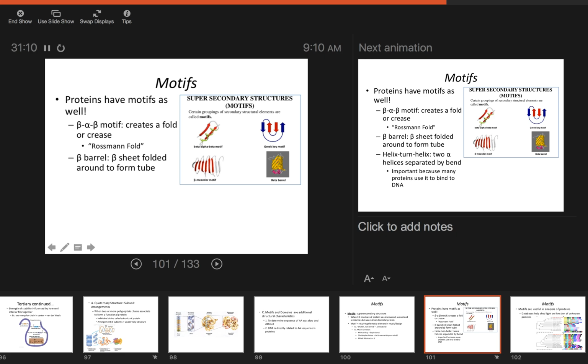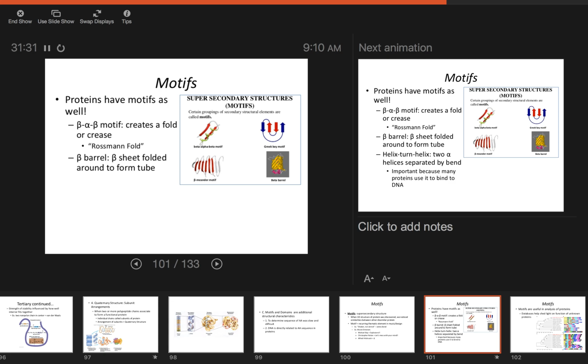We also have the beta barrel, which is depicted here. A whole bunch of beta sheets that literally form a barrel. Beta barrels are usually found in pores of cells, channels that allow things to travel through, because it literally looks like a tunnel.